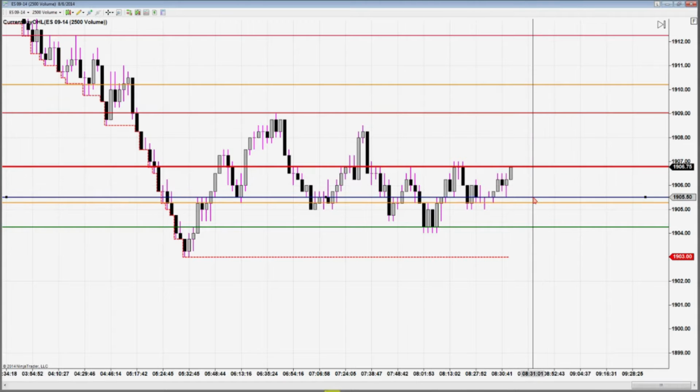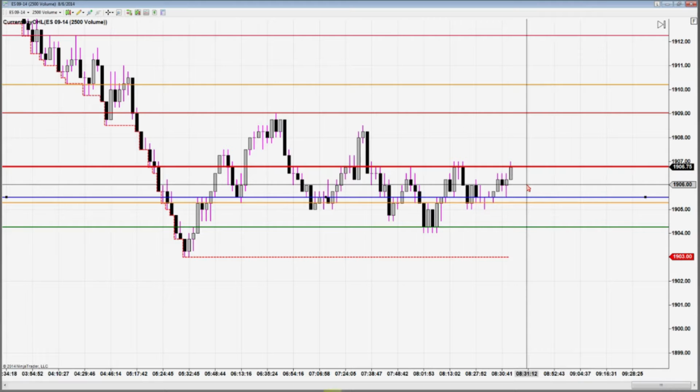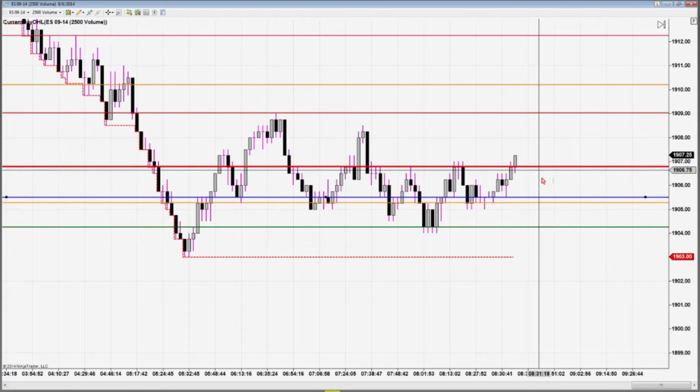I really want to see this pull back down through the open for me to mark that. Now, if I didn't have VPOC sitting 3 ticks under this level, this might be a possible short or long for me.